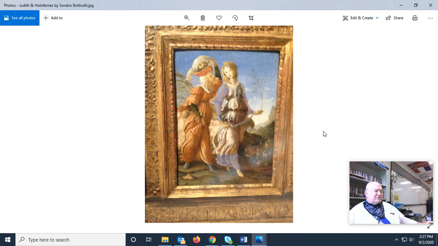The city was completely cut off, and the Assyrian army was led by this dude named Holofernes. They besieged the city. They simply camped out around it. Nothing got in, nothing came out, no food. They were going to starve out the city while they watched and waited. And the leaders of the city didn't know what to do.